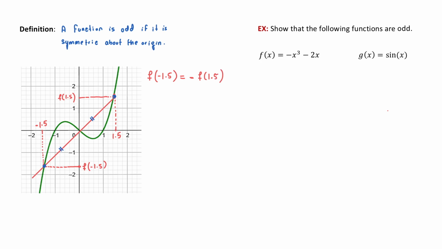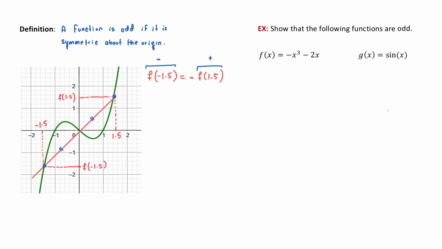So here is very important. I need you to remember that f of 1.5 is a positive number. F of negative 1.5 is negative. So the only way that I can have equality is if I place a negative right in front of a positive number. So now a negative number on the left equals a negative number on the right.